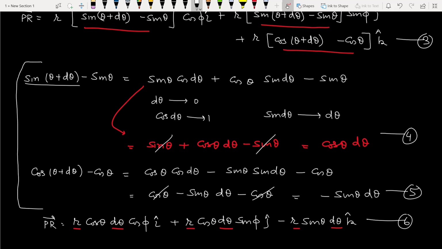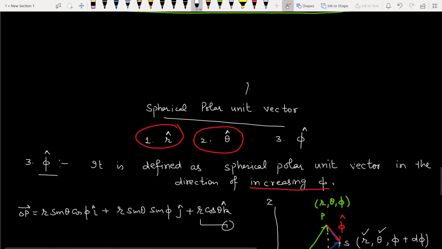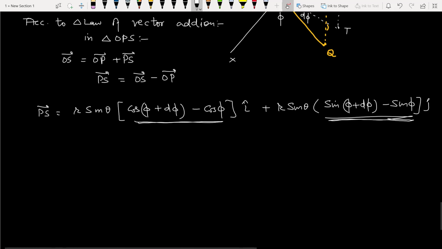For sine, it is cos theta d theta. For cos, it is minus sin theta d theta. And here we can write for phi: this will be minus sin phi d phi, and this will be cos phi d phi.